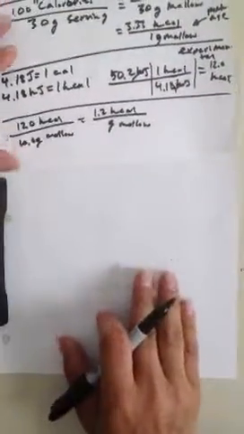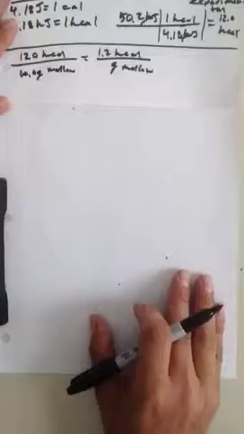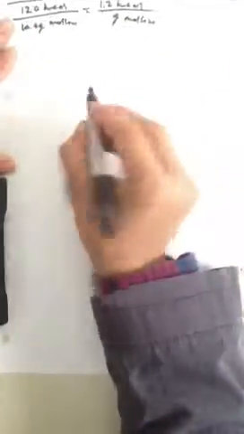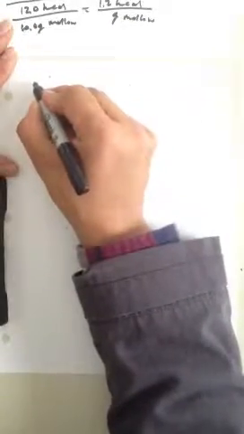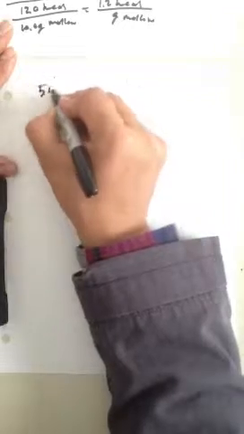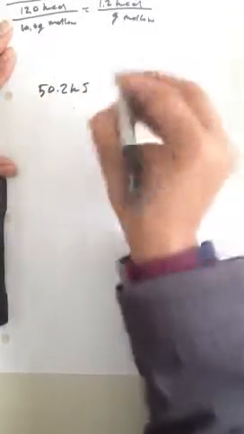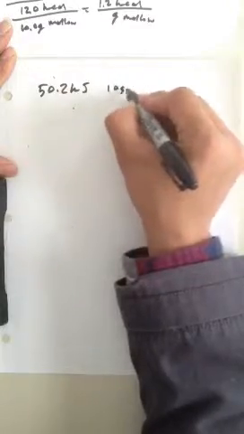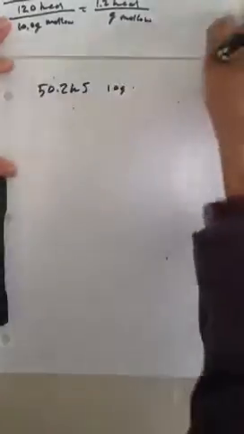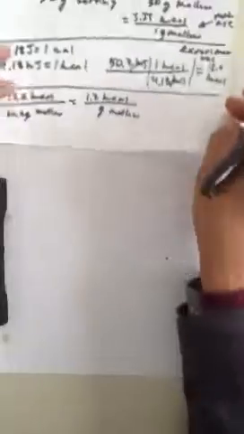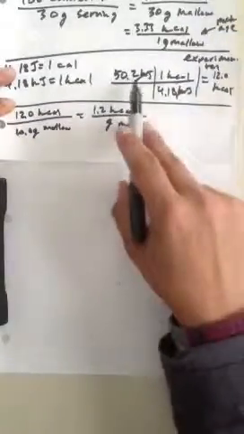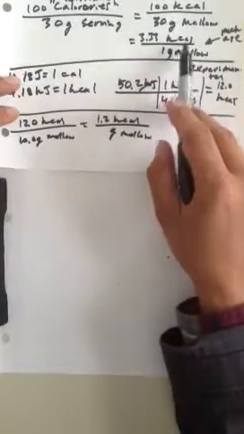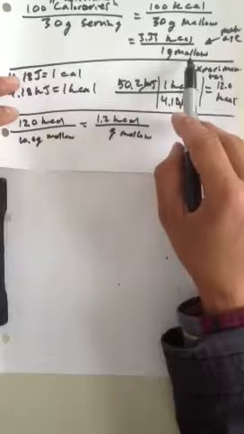So if we're going to compare the two, let's find the percent error. We can do it a few different ways. First thing is, let's see, we know that we had 50.2 kilojoules of energy when we burned 10 grams. So let's figure out how much is actually in the package. So the package says that there are 3.3 kilocalories per gram.